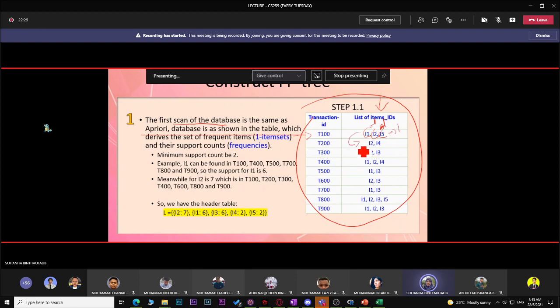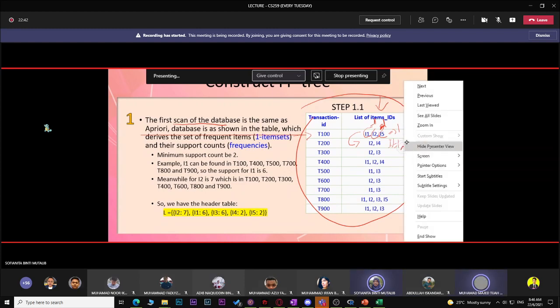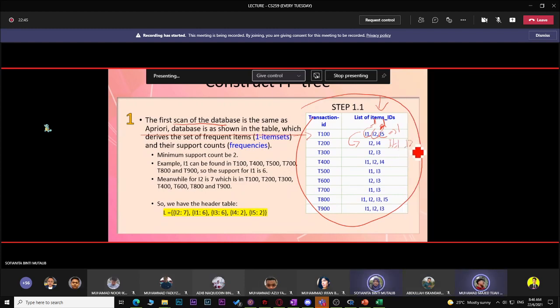When it goes to transaction 200, what has changed? I2 equals 2, I4 equals 1, and I5 equals 1. So what changed is I1, I2, and another item included in the array, which is I4.